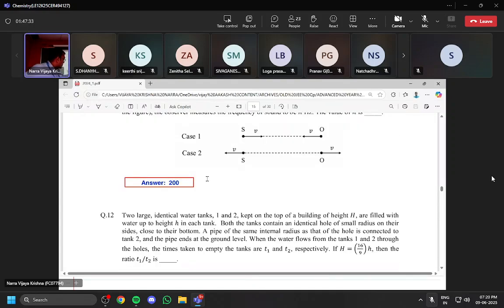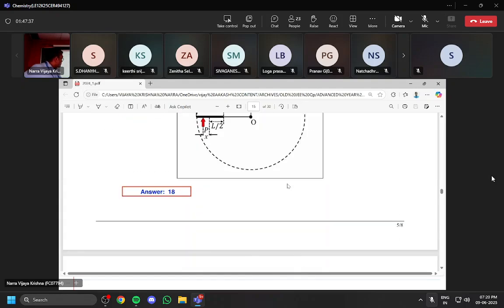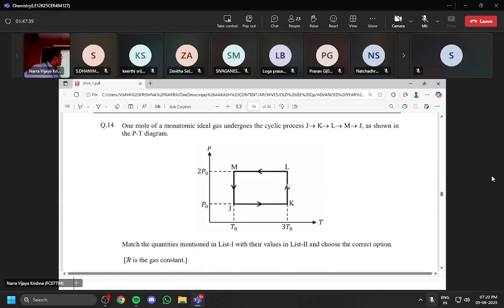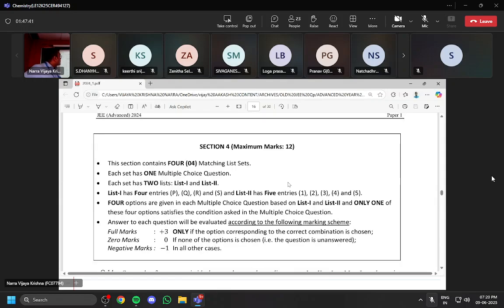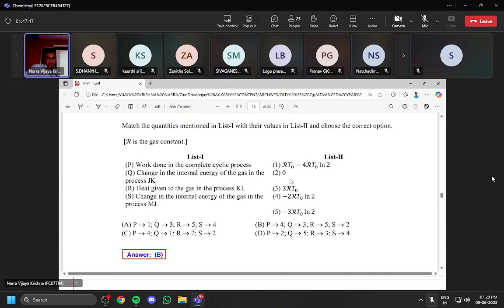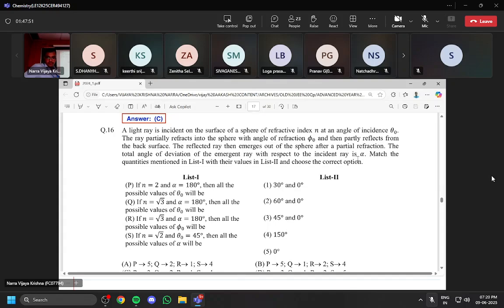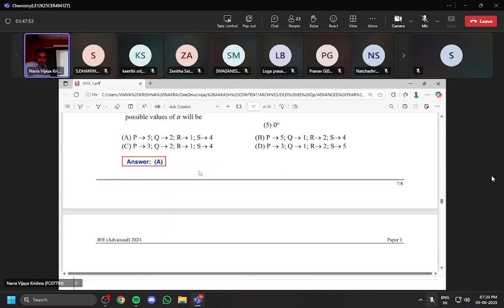No, this is sound. With chemistry knowledge, you can solve this thermodynamics question. Can't solve this.